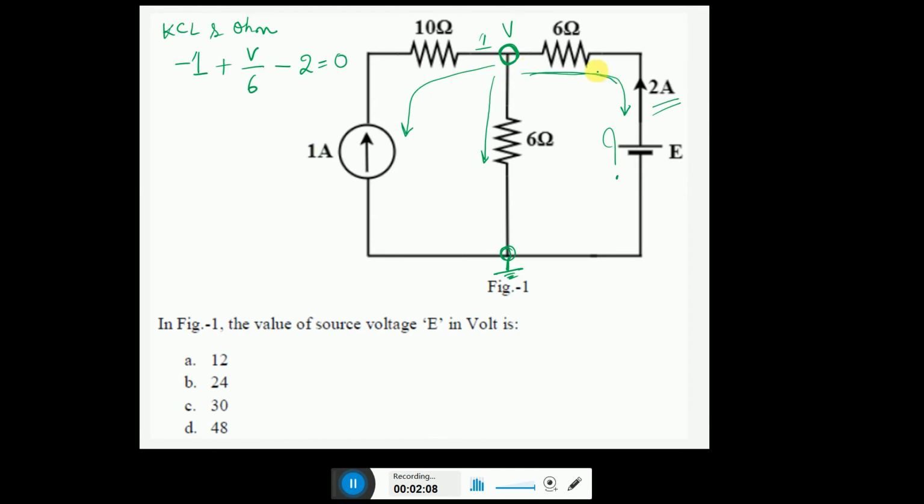If you remember this equation again, you can write V minus E divided by R, which is 6, is equal to, given, minus 2. So you have got one more equation here. Right now you do not know E, which is being asked. So once you get the value of V, you can get the value of E directly from here.